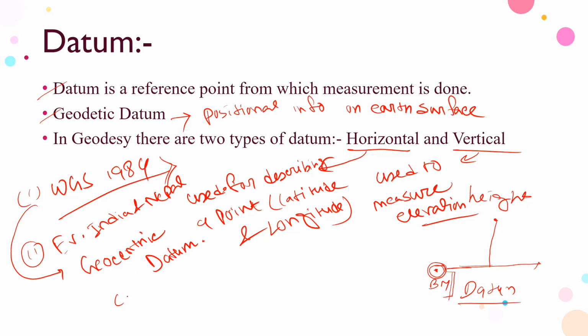Like the CG point, it takes the CG point of Earth as origin. From here, we estimate the distance, height, and all measurements. This is geocentric datum.